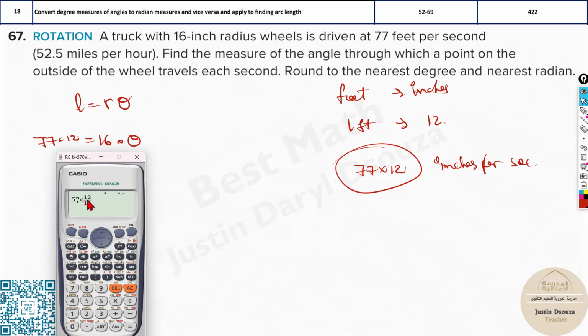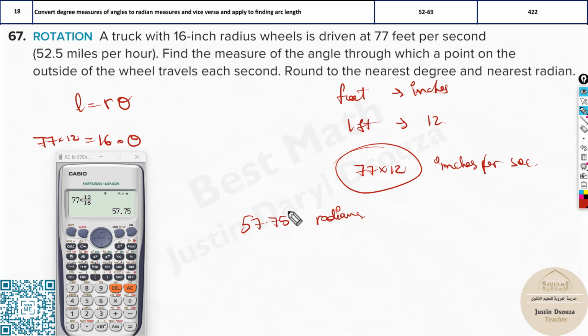Any one is fine because it'll be divided by both of them. That'll be 57.75. Now, what is that 57.75? They have told nearest degree and radian. This is in terms of radians, guys. Okay, radians. Now here you might be thinking there is no pi.